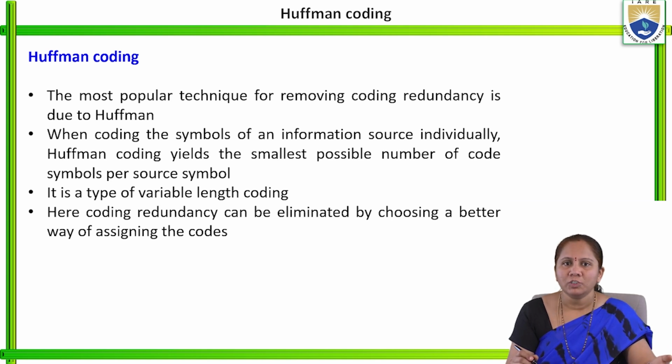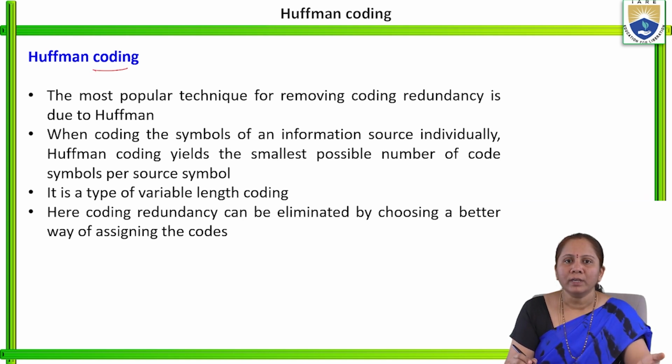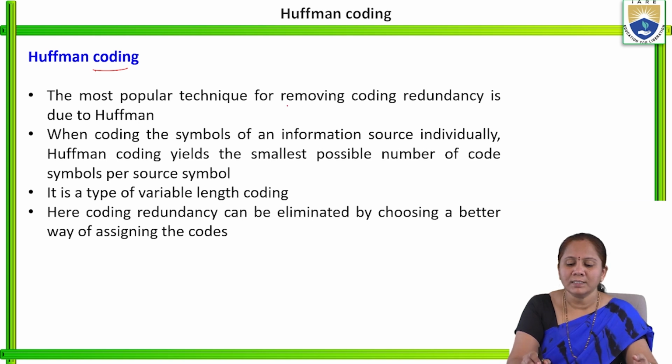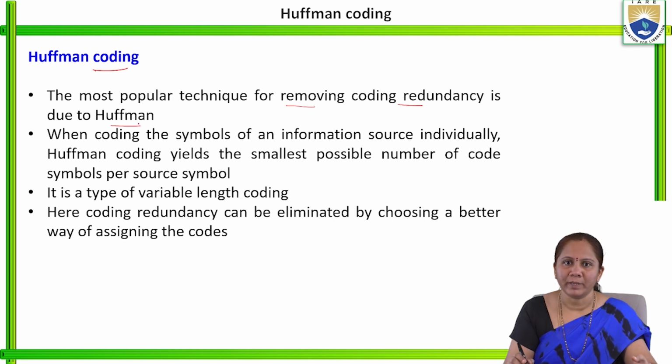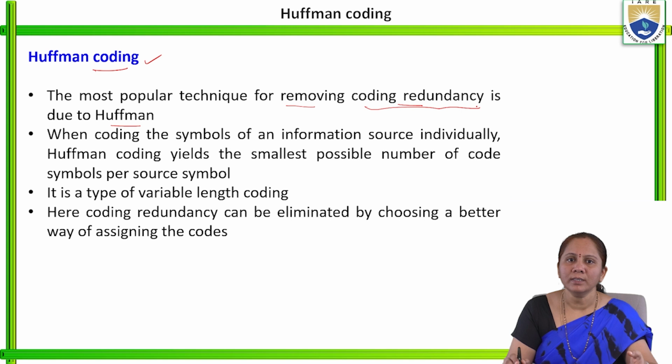Basically, in the image, there are different types of redundancies like coding redundancy, interpixel redundancy, and psychovisual redundancy. Here, Huffman coding is used for image compression. It is the most popular technique for removing coding redundancy. So Huffman coding is used to reduce especially coding redundancy.